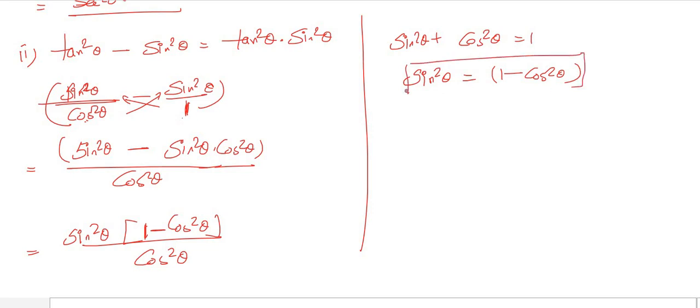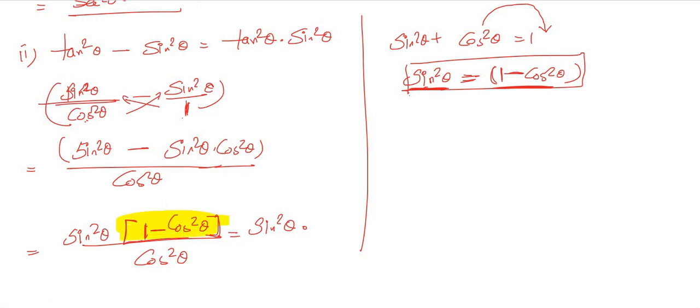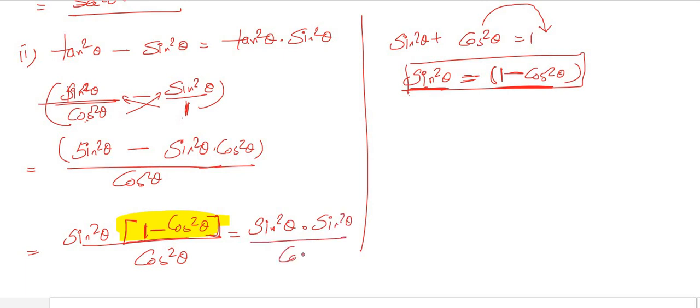Yes. If I take cos square to this side, it will become 1 minus cos square theta is equal to sine square theta. So I'm planning to use it here. So it will be sine square theta into, what is 1 minus cos square theta? We just did it. It is sine square theta by cos square theta, correct?